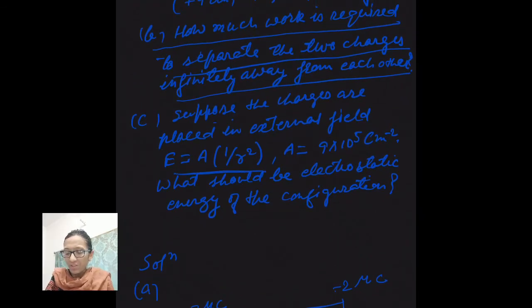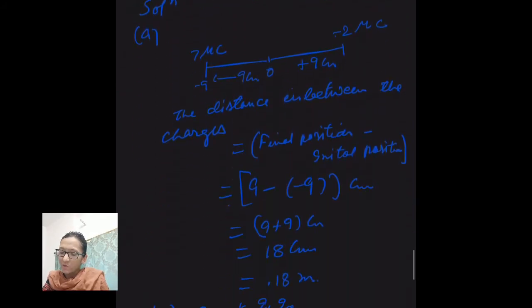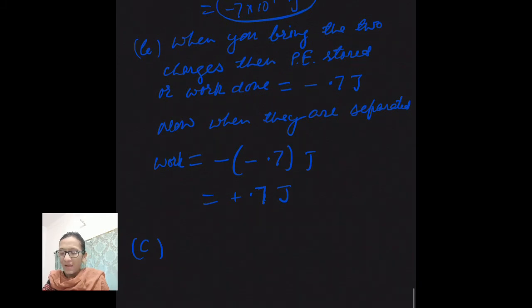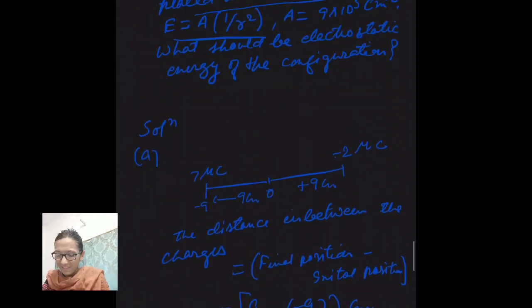Now next, question number C. If the two charges are placed in some external electric field, then what should be the electrostatic potential energy of the configuration? Along with the potential energy that you have obtained in question number 1, you have to add the potential energy due to the external field of the two charges.